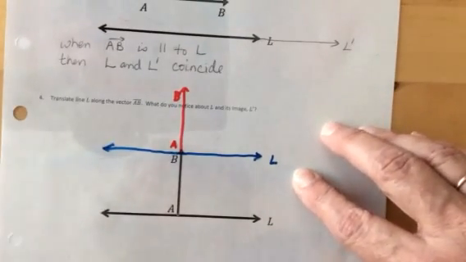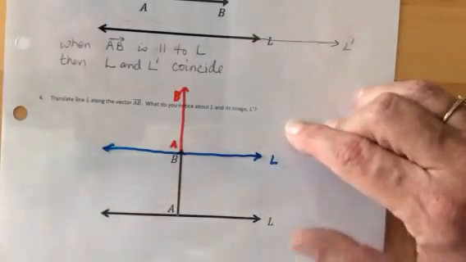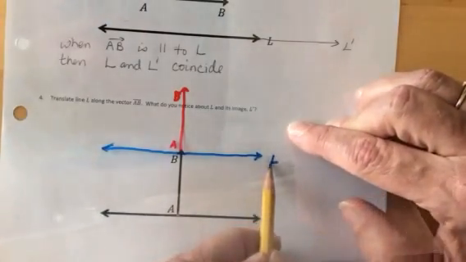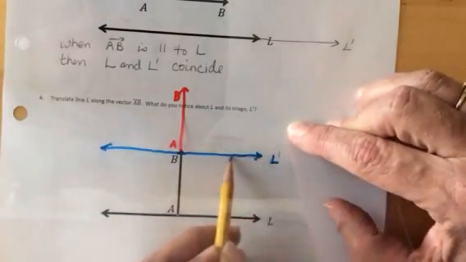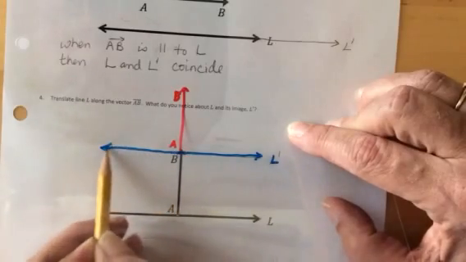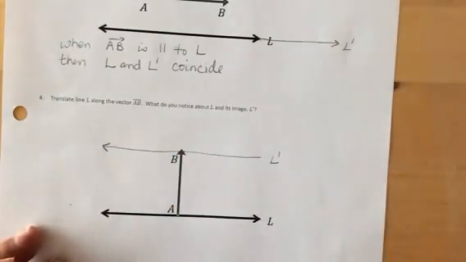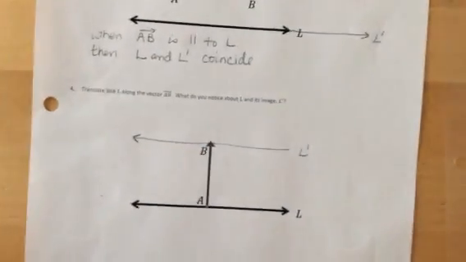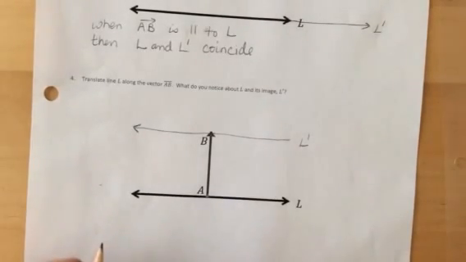All right, so now the image of that line is right up here. So this is L prime, and I'll trace it right here. L prime. And so notice what happened here.